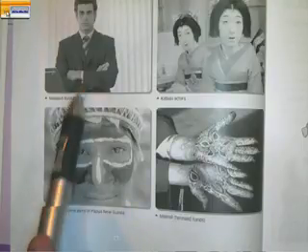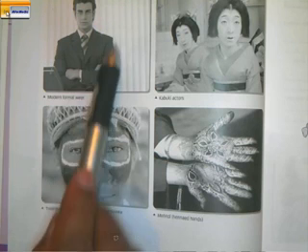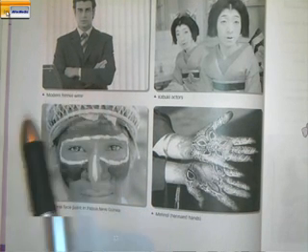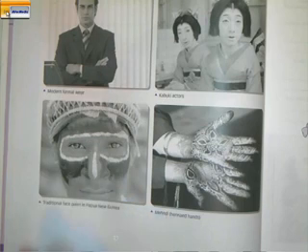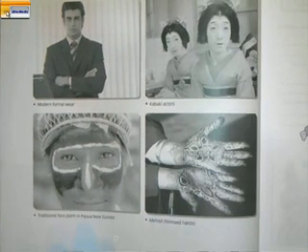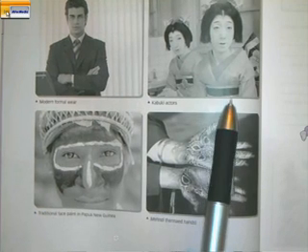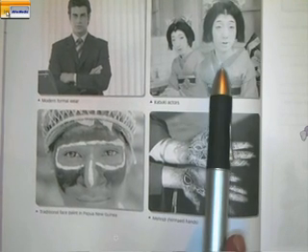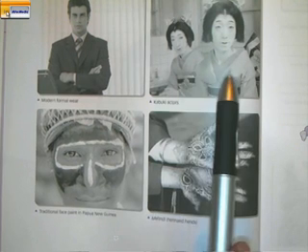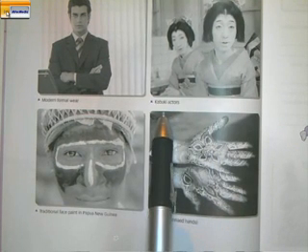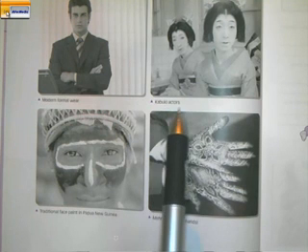There's this modern formal wear where you have this young man wearing a formal suit. It's probably an executive of some sort. And you have these two individuals, which are called kabuki actors.